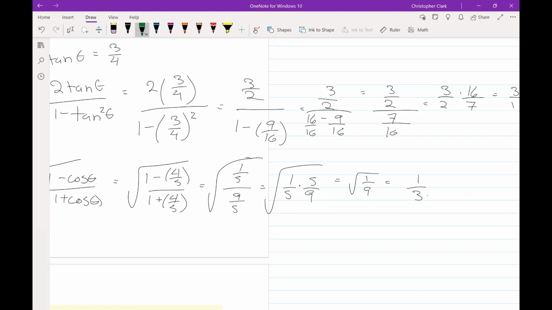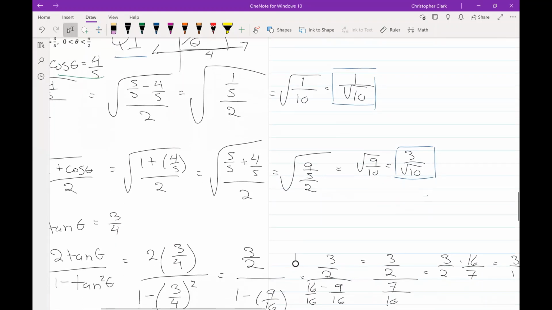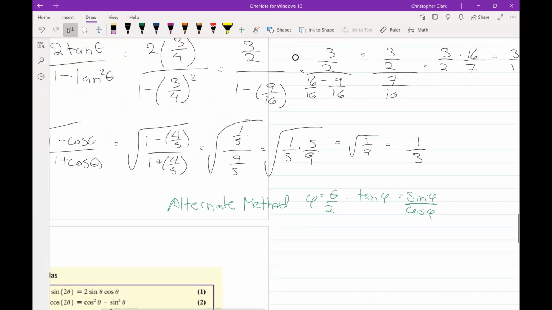does this make sense? Well, we can do an alternate method and say, well, phi is theta/2. Then we know that tan phi is equal to sine phi over cosine of phi. All right, well, what was sine of phi, or theta/2? Was 1/√10, and cosine was 3/√10.